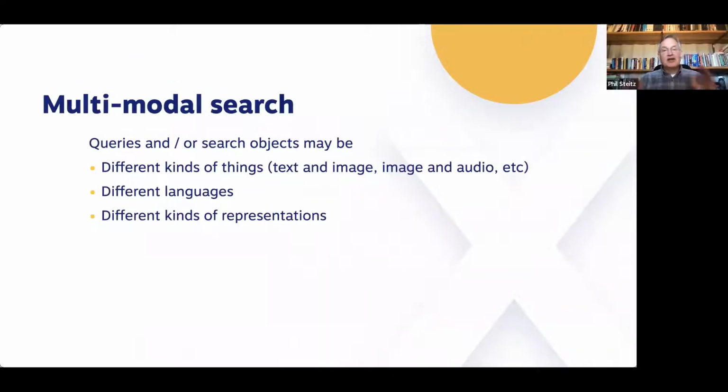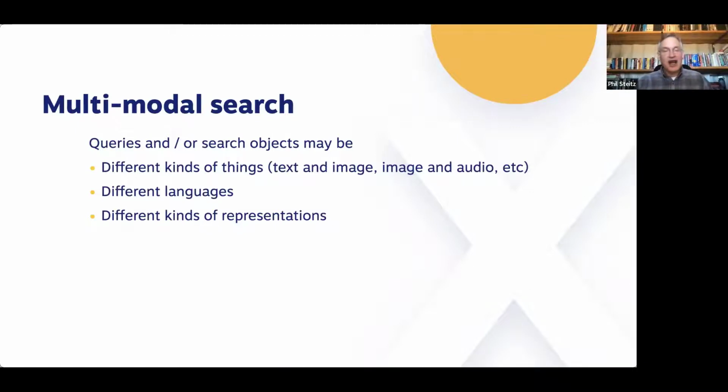Okay, I'm going to conclude with just a little bit about multimodal search, because this is one of the things that's made possible via this whole setup. It's part of the real power of what we can do with neural search. The queries and search objects could be different kinds of things. You could be querying with text queries for images. They could be different languages. They could be different kinds of representations.